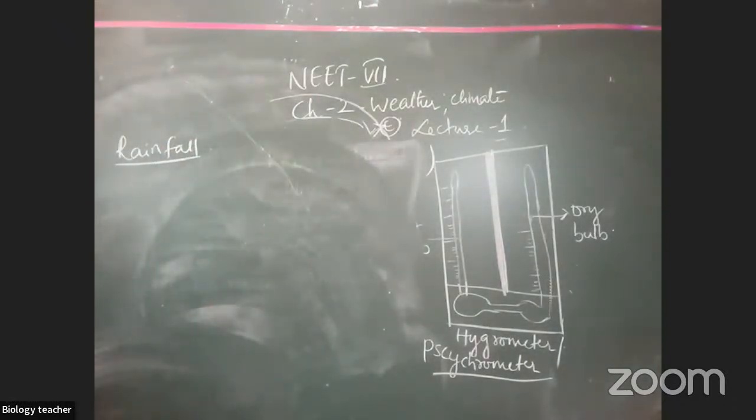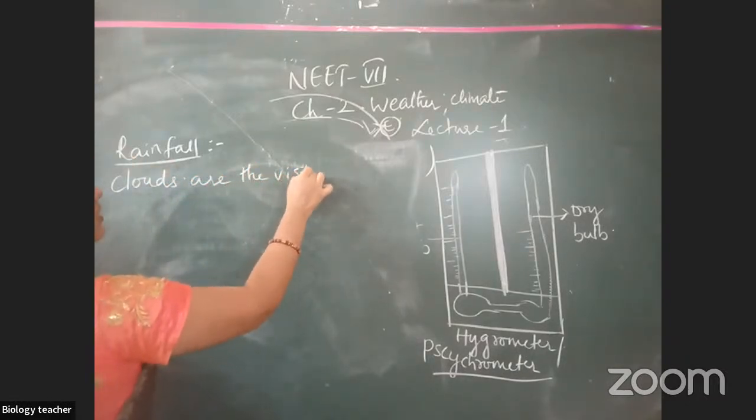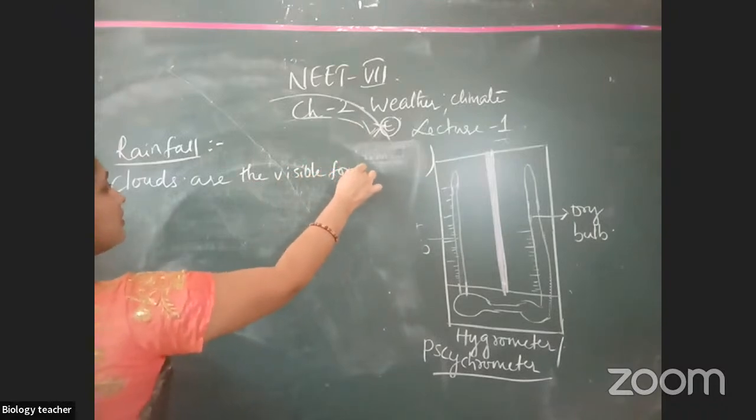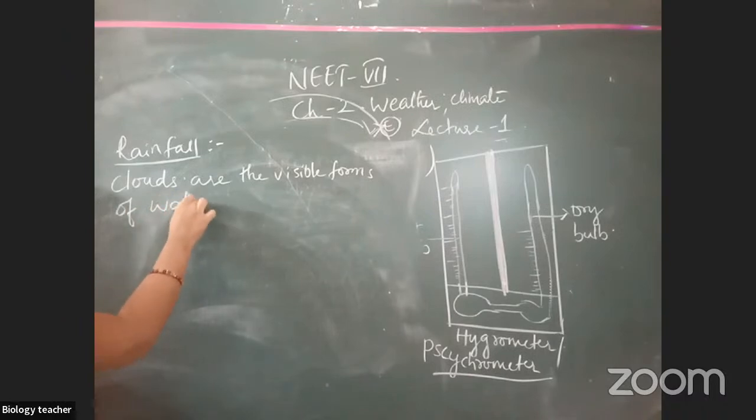When there is a sudden drop in temperature, it leads to rainfall. How does rain fall? Clouds are the visible forms of water droplets.